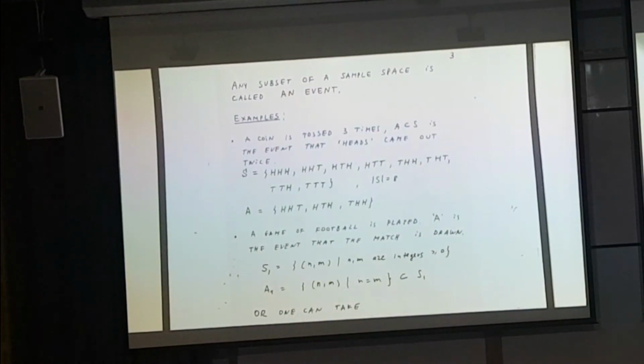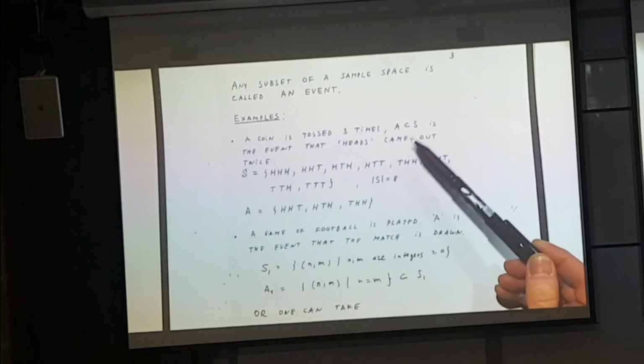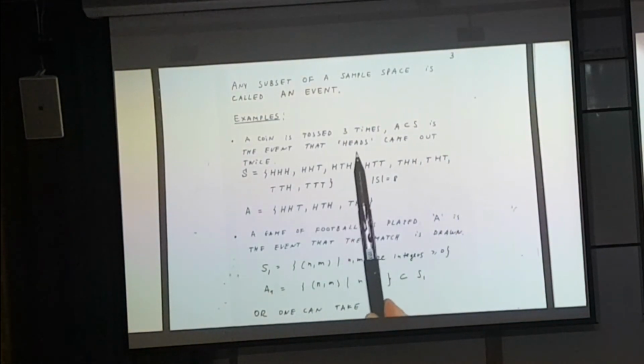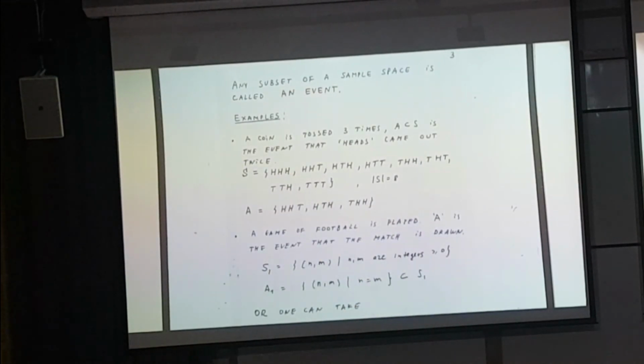or you can use the rules of combinatorics. You have 2 choices for the first flip, 2 choices for the second flip, and 2 choices for the third flip. So the total number of possible outcomes is 2 times 2 times 2, which gives you 8. And this easily generalizes to more flips. And so in this situation, we consider an event, let's call it A, which tells us that heads came out twice.